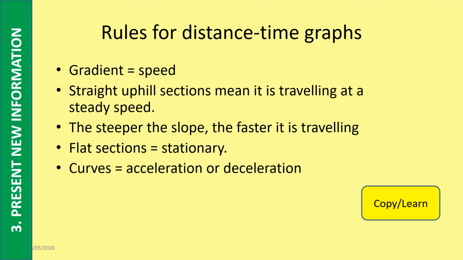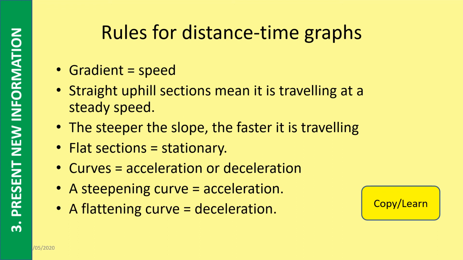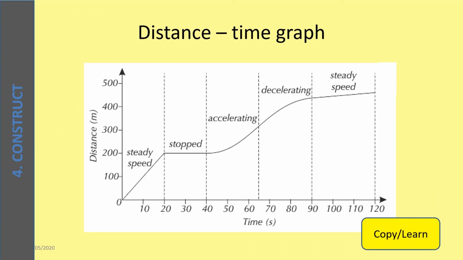Curves show you acceleration or deceleration. If the curve is getting steeper, the object is accelerating, and if the curve is getting flatter or less steep, then it is decelerating. Now you do need to learn these. Copy this diagram into your books and make sure you can recognize the various parts of a journey.